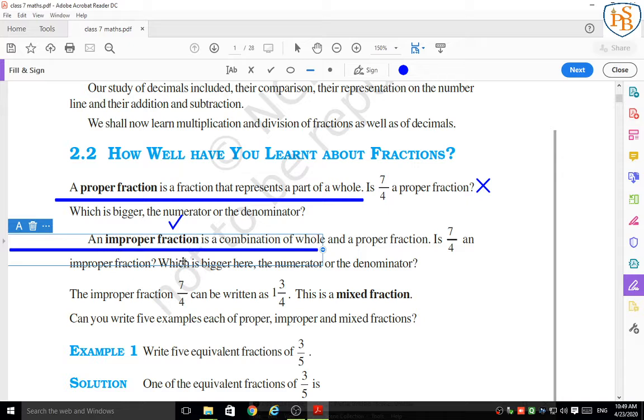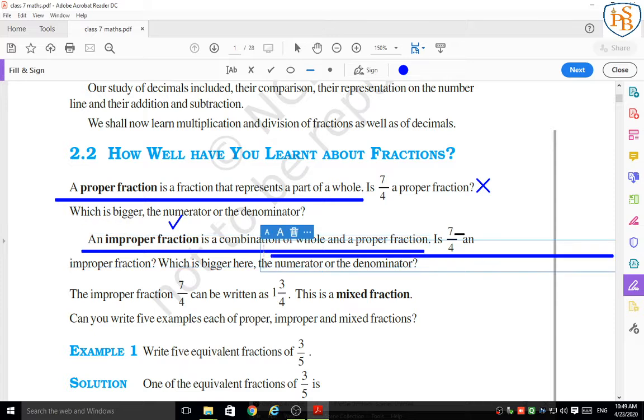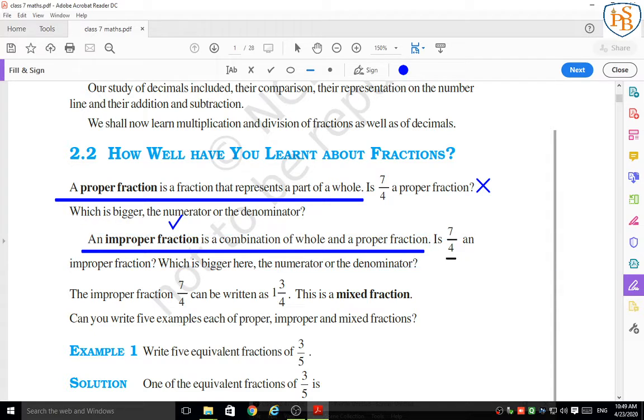Then improper fraction. An improper fraction is a combination of a whole and a proper fraction. Look here. Is 7/4 an improper fraction? Yes, it is an improper fraction, exactly opposite to the proper fraction.